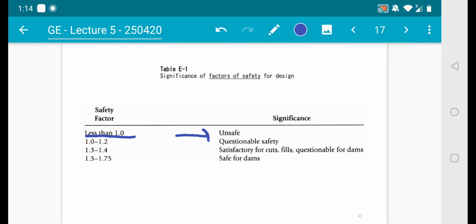If your safety factor is 1 to 1.2, it's questionably safe. If it falls in the 1.3 to 1.4 range, it's satisfactory for cuts, but questionable for dams. And if you get a higher value of 1.5 to 1.75, it's safe for dams.